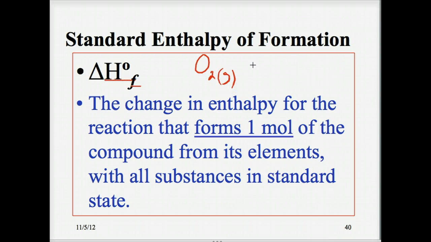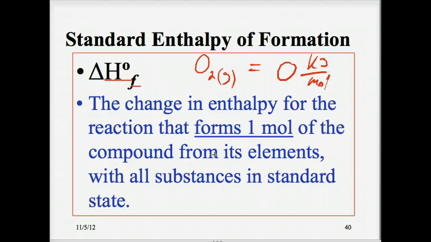Well, it's going to be equal to 0, because oxygen gas is already in that standard O2 gaseous state. So it doesn't have to actually be made. That's the way it comes. So the elemental form of anything would be 0.